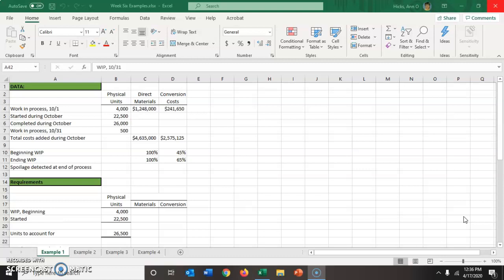Equivalent units is a similar type concept. So the FTE, full-time equivalents, is how many full-time equivalent positions do you have? Do you have 10 people working full-time? Do you have 20 people working half-time? In either case, you have 10 full-time equivalent employees. Equivalent units does the same thing.